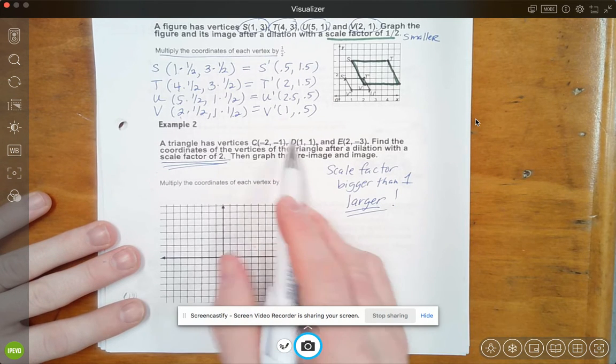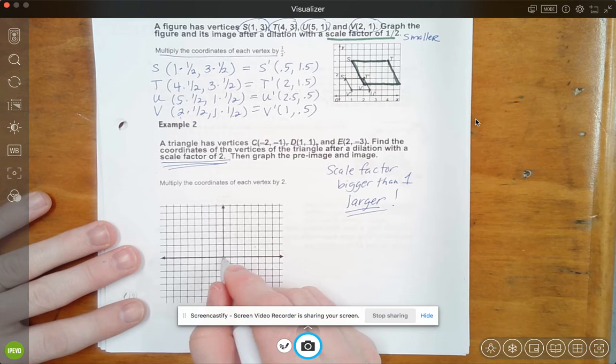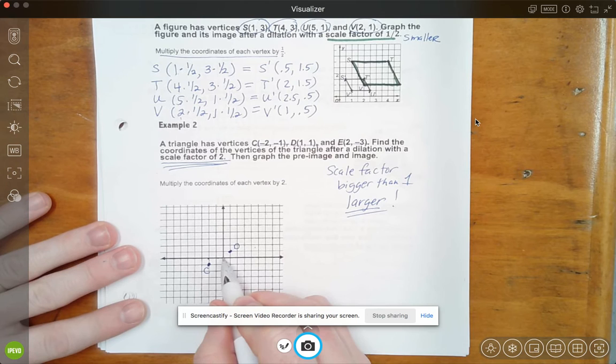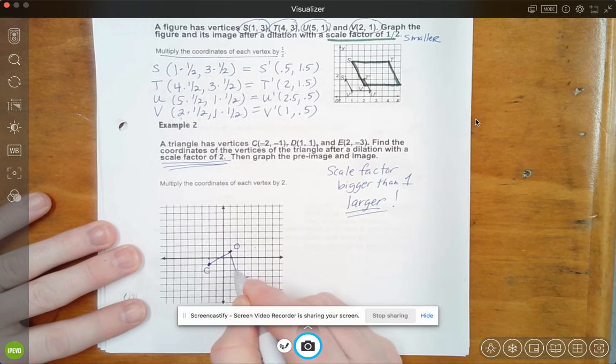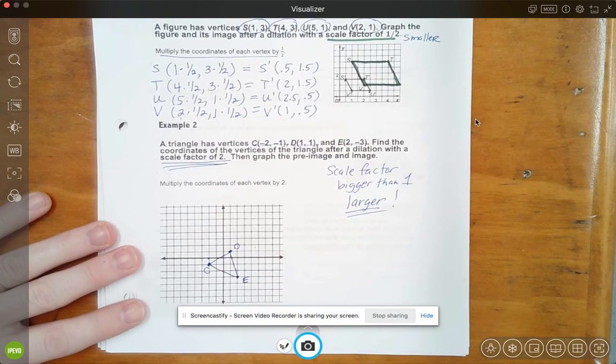So C is at -2, -1. There's C. D is at 1, 1. And then E is at 2, -3. And I make my triangle. So there's my pre-image.